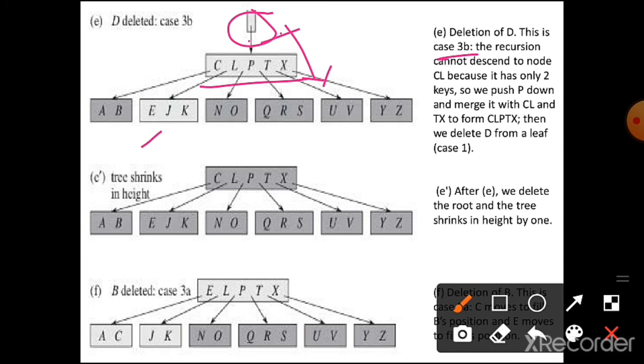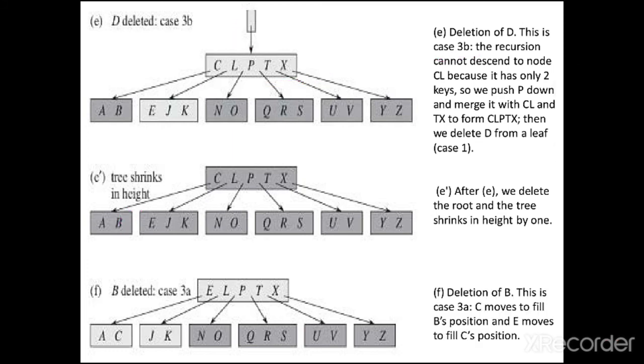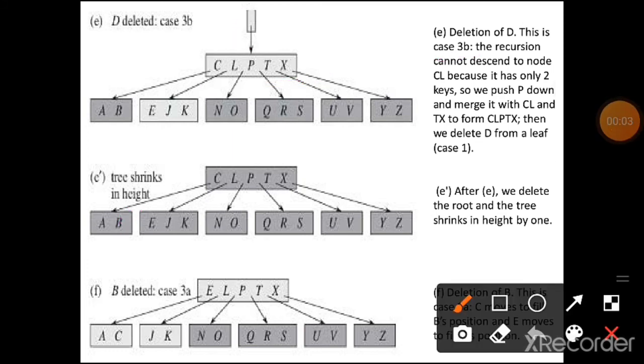The next step, we want to delete B. Last condition, we need to delete B from here. So it is case 3A. 3A states that we check its sibling. Here the sibling has t keys. So we remove this B and take an element from here.